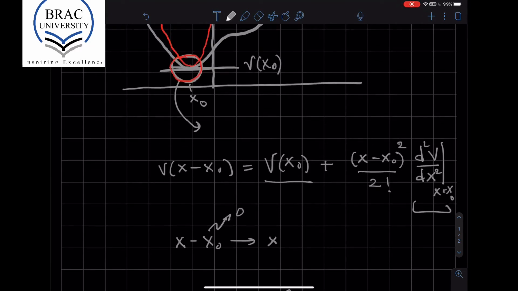So any small deviation of any system from its minimum or its equilibrium position will be approximated by the simple harmonic oscillator. That's why the simple harmonic oscillator crops up in all different places.